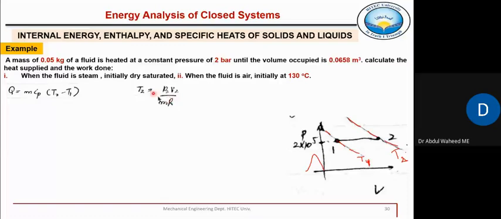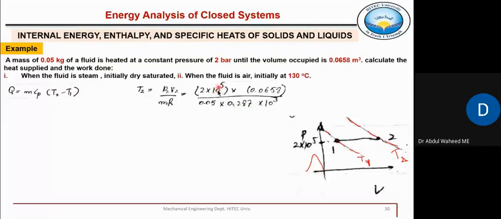We cannot use this equation in part 1. Right, so put in the values. P2 is equal to P1, 2 into 10 to the power 5 Pascals. V2 is given, 0.0658. What is m? 0.05. R is 287 if it is Pascals, otherwise 0.287 if it is kilopascal.